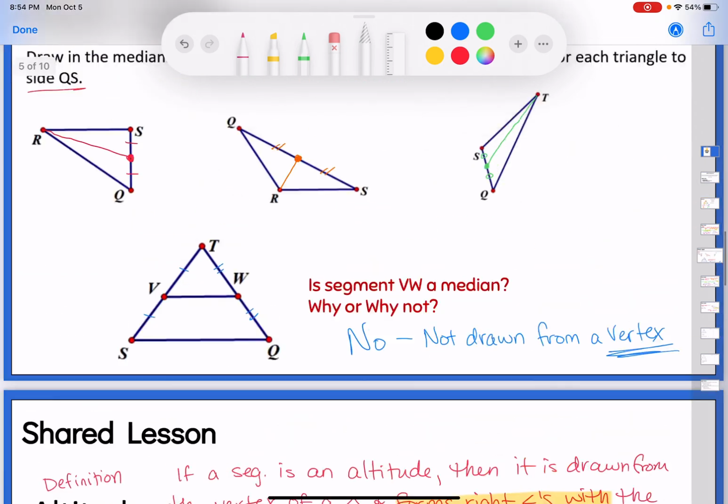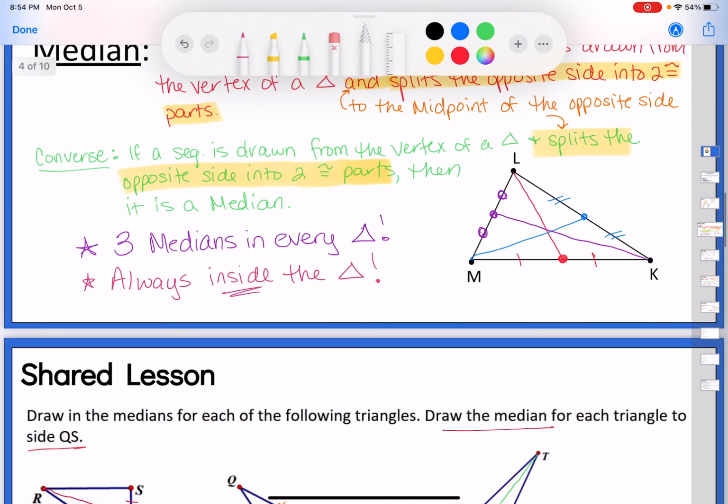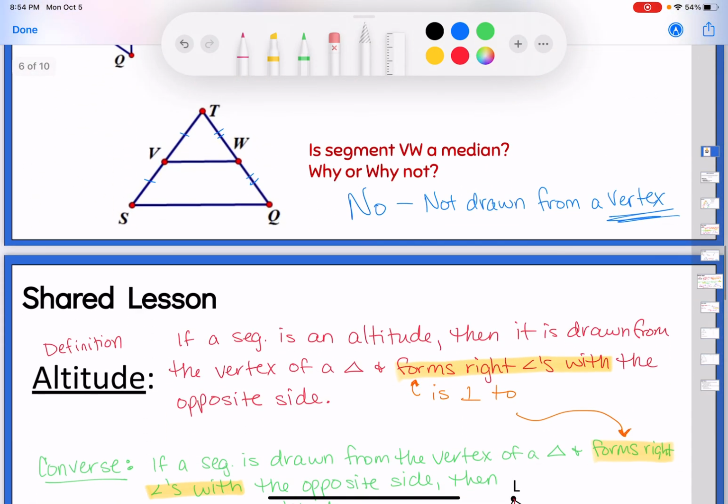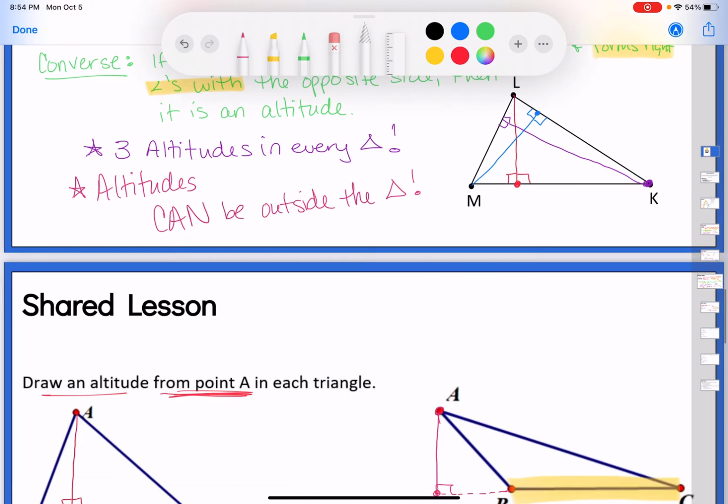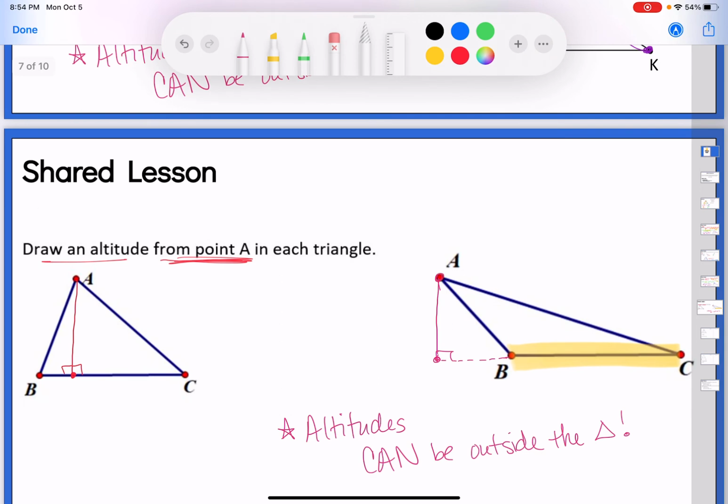But when we looked at our median, medians are always inside because they have to go to the midpoint. It's got to slice through the middle. And altitude has to form a right angle, so it doesn't have to be inside the triangle. It can be outside the triangle. It even could be a side of the triangle.